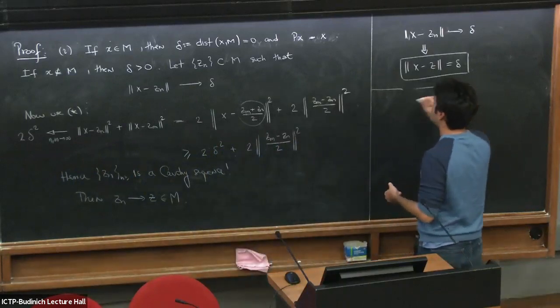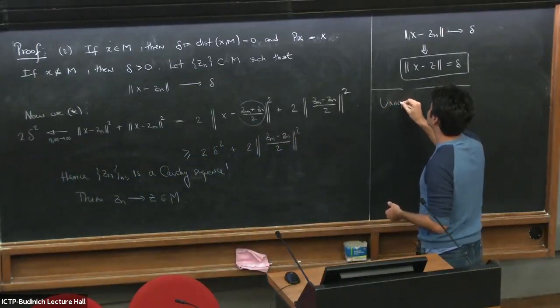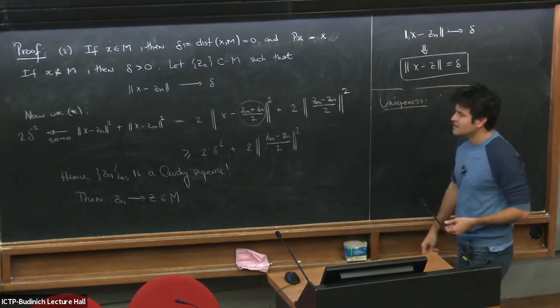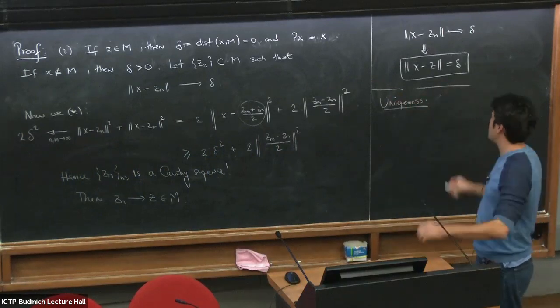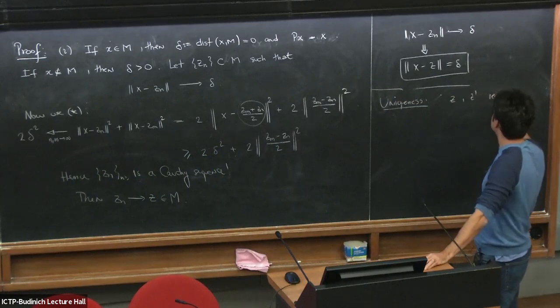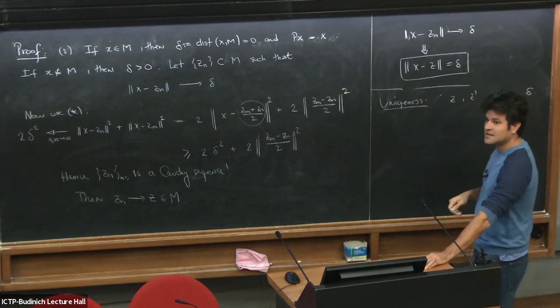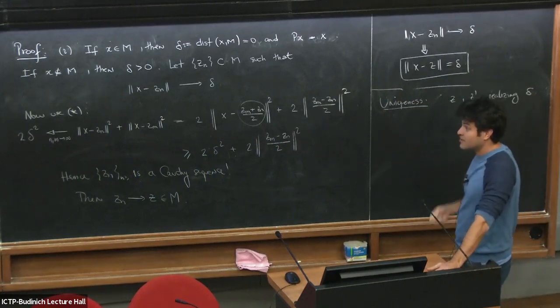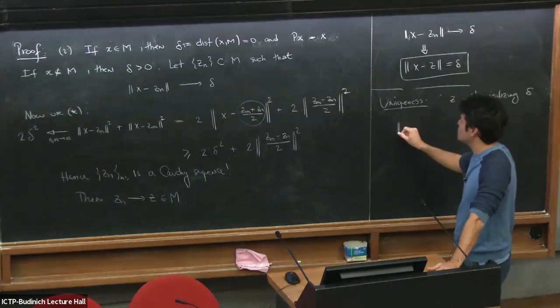Now, what about uniqueness? Well, uniqueness is simple, right? If you had Z and Z prime both realizing the distance, let's say realizing delta, you could use again the parallelogram identity, in the same way as it's written there.